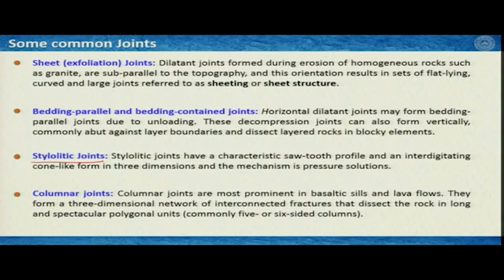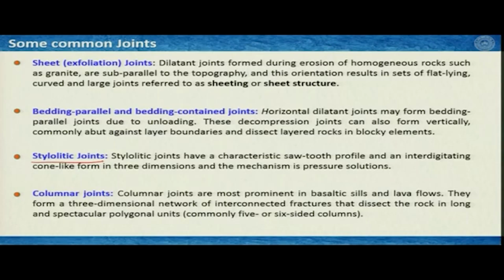There is no opening or shearing, but compaction is working there. So stylolitic joints therefore have a characteristic sawtooth profile and interdigitating cone-like form in these dimensions, and the mechanism is pressure solution. We have learnt about it in one of the previous lectures.